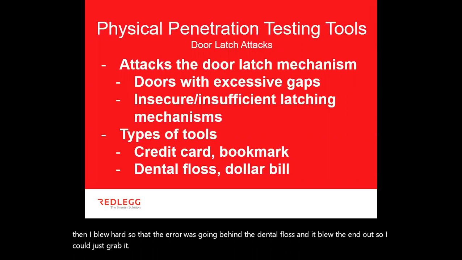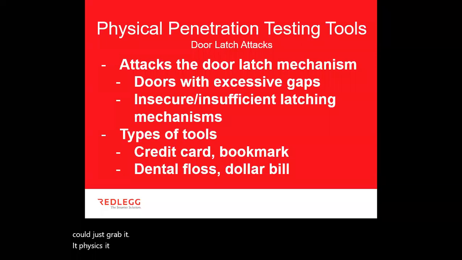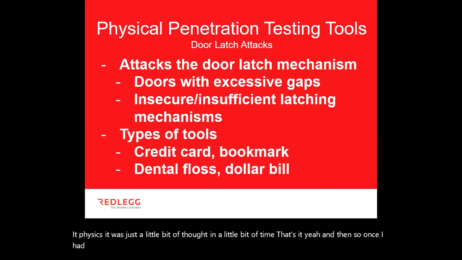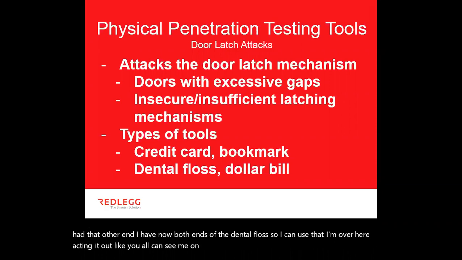Physics. It was just a little bit of thought and a little bit of time. And then once I had that other end, I had both ends of the dental floss, so I could use that. I'm over here acting it out like y'all can see me on camera. I'm jimmying the latch, and pops the weasel.